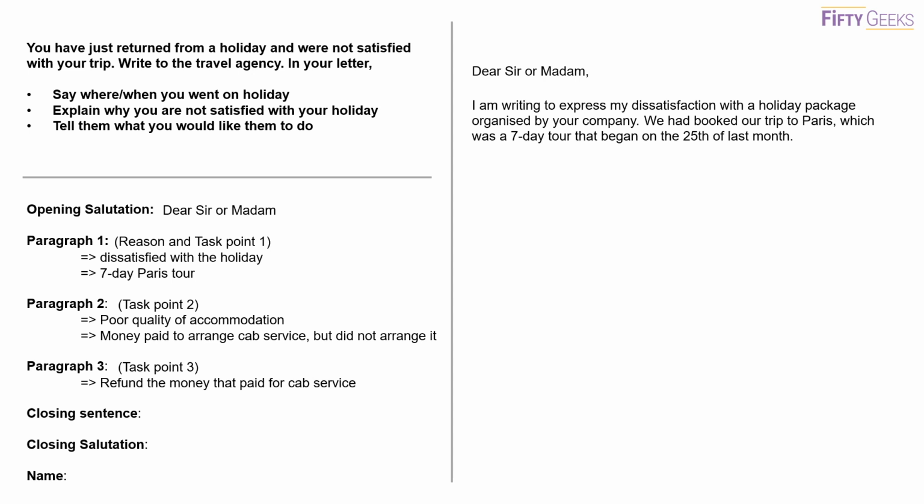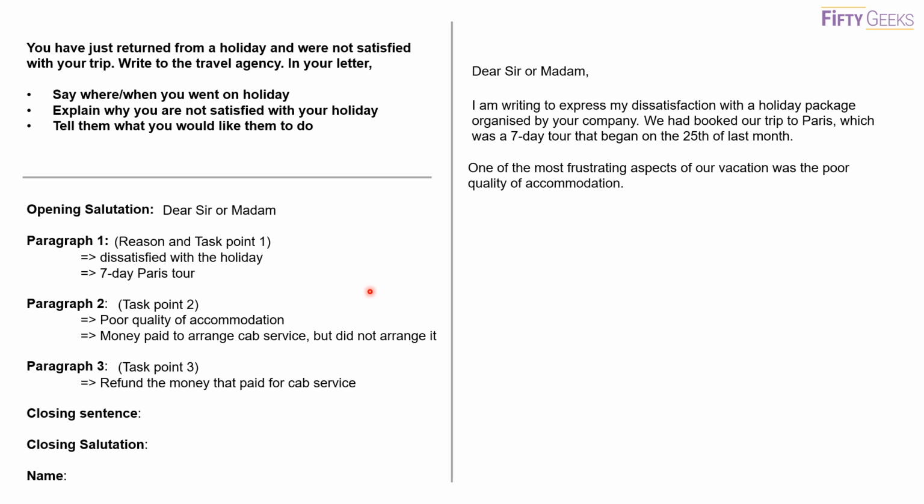Then I will write the second body paragraph. I'm going to answer task point 2 of this question by describing the reasons why I'm not satisfied with the holiday. I will explain the first reason from the draft, which is the poor quality of accommodation. I will write it as: one of the most frustrating aspects of our vacation was the poor quality of accommodation.